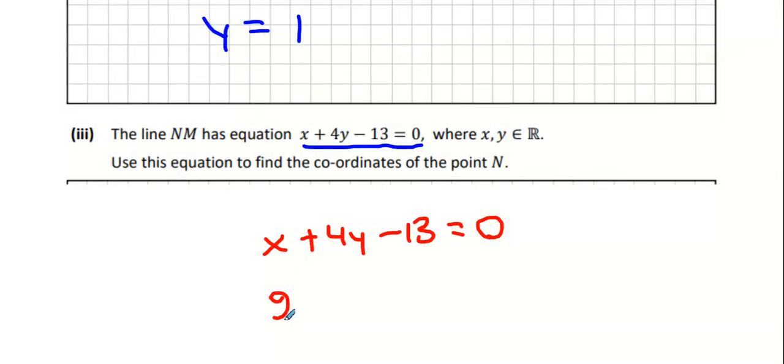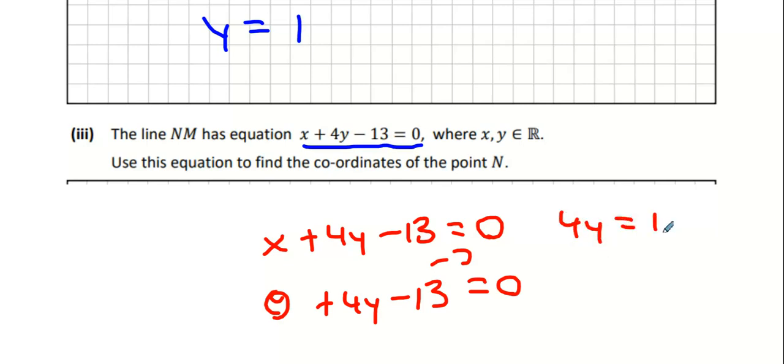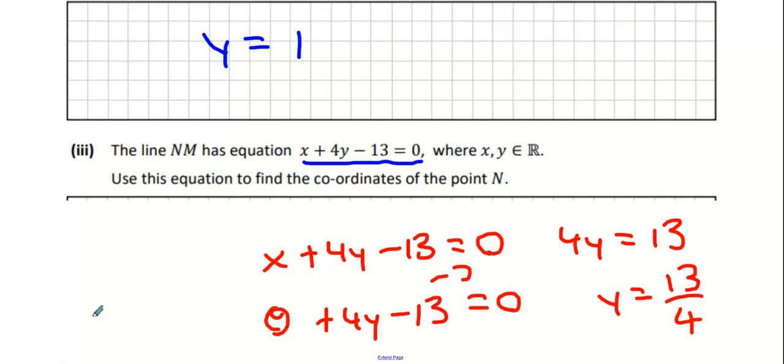Replace x with 0, and then find out what the y value is. That's all we gotta do there. We get 4y equals 13, and y equals 13 over 4. So the point is 0 and 13 over 4.